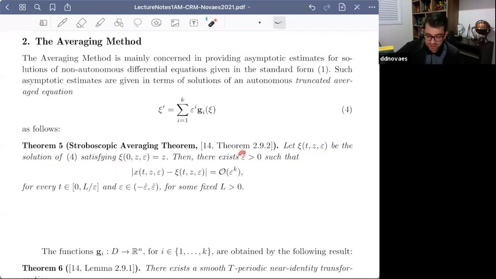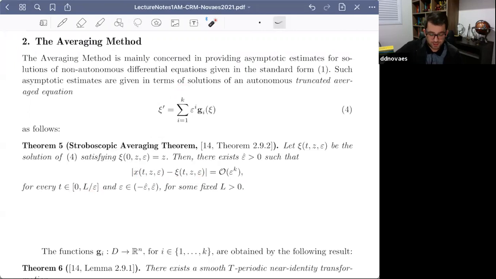There exists an ε hat positive such that the norm of the difference between the solution x(t, z, ε) of the difference equation 1 and the solution of this truncated averaged equation is of order ε^k, for every t belonging to the interval [0, L/ε].